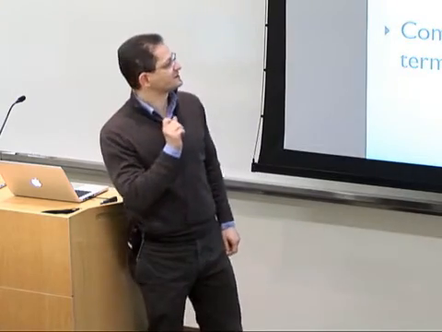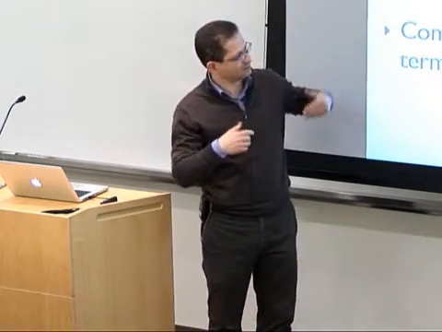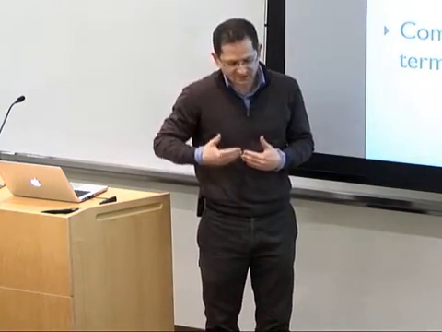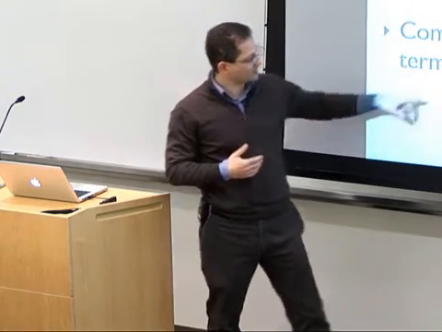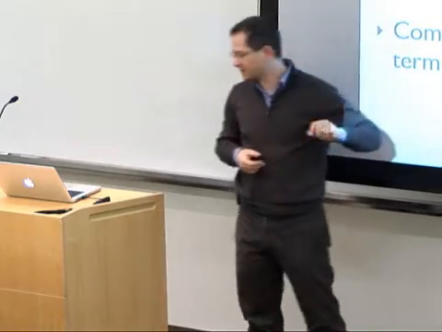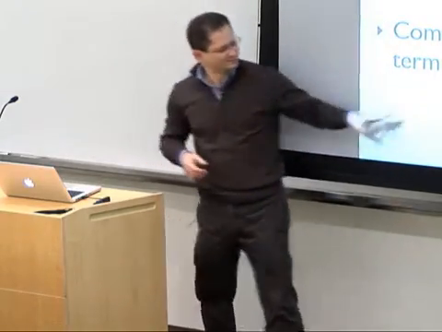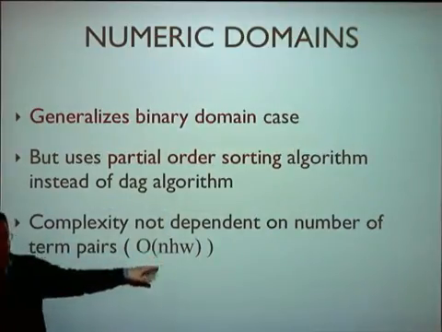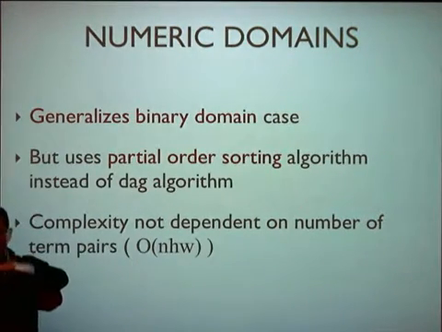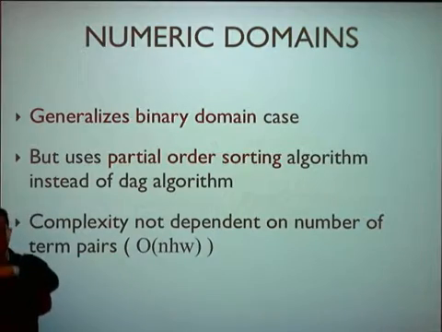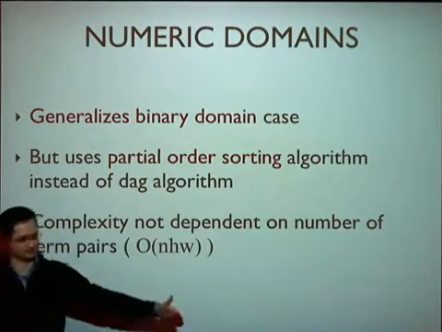So this incrementality allows us to do some operations quickly. In fact, we've come up with a new partial sorting algorithm that is cubic. But it's cubic in the number of nodes, the height of the partial ordering, and the width.